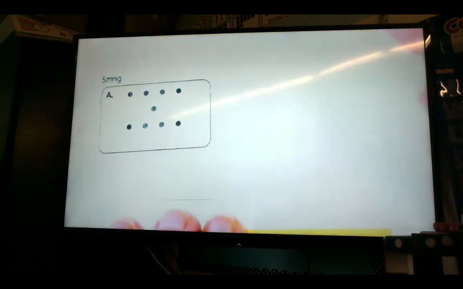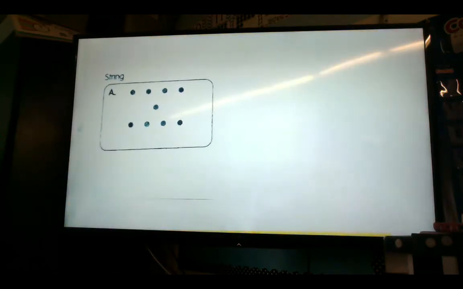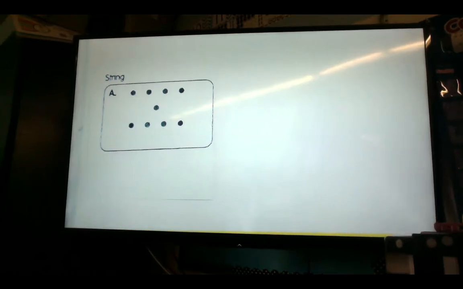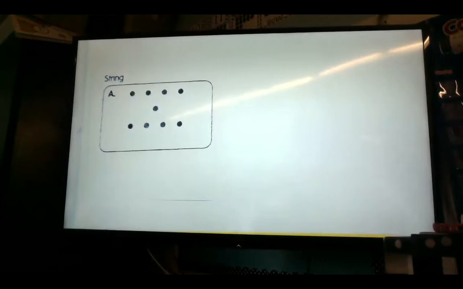Let's look at them. All right. So let's talk. How many dots do we see here? Did you say you saw 9 dots? How did you see these dots?